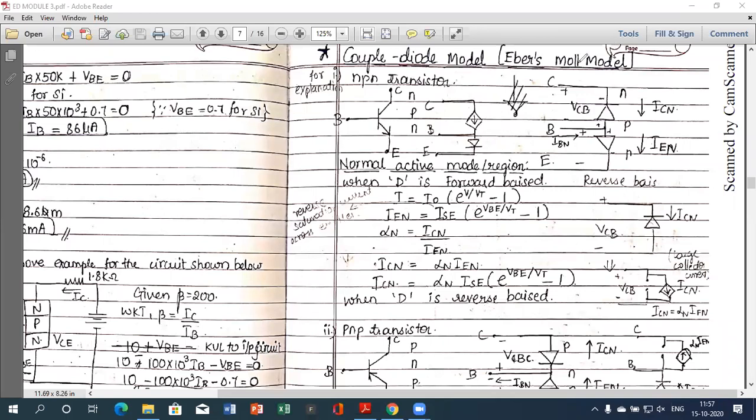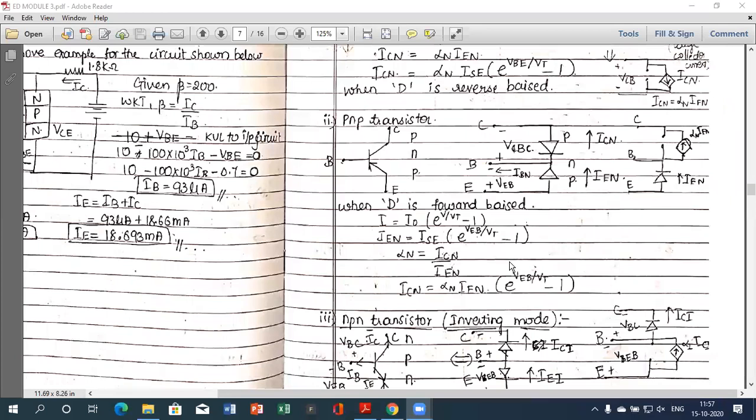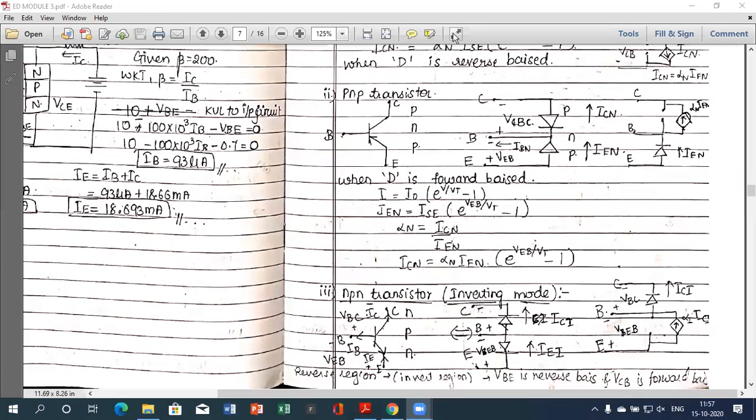The same thing can be done for PNP also. Only for the PNP transistor, the opposite things happen. Here these two diodes are connected exactly opposite, and the direction of current is also shown exactly opposite. So here instead of voltage VBE, we have shown VEB, and here the voltage is VBC. Therefore, the collector current also remains the same.